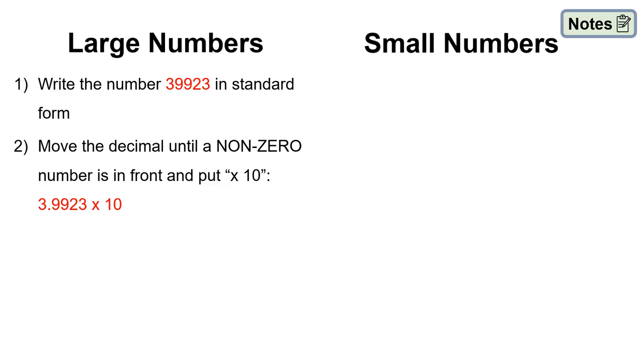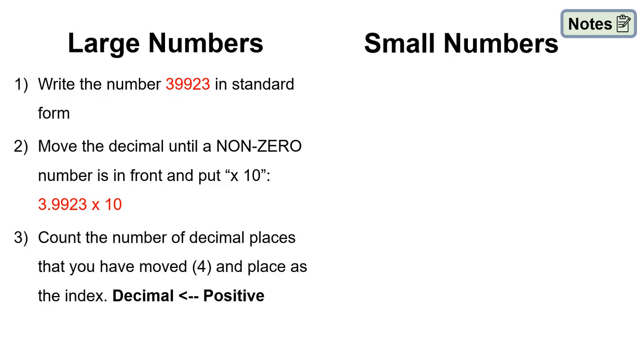But also remember that the decimal must have only one number on the left of it. And then you multiply by 10. Count the number of decimal places that you have moved, which is 4, and place the index number.